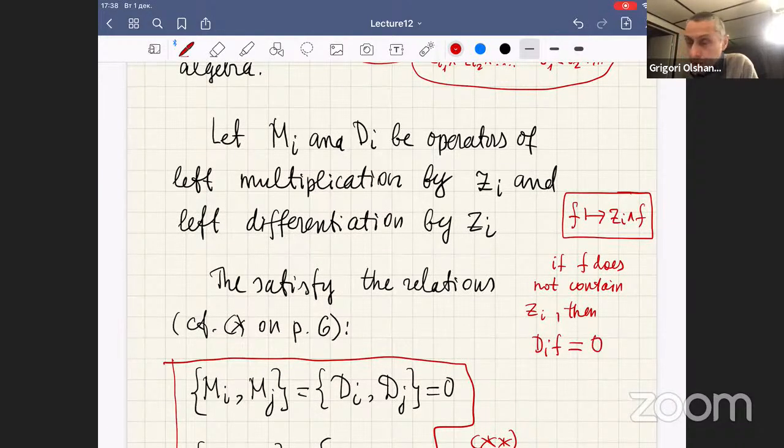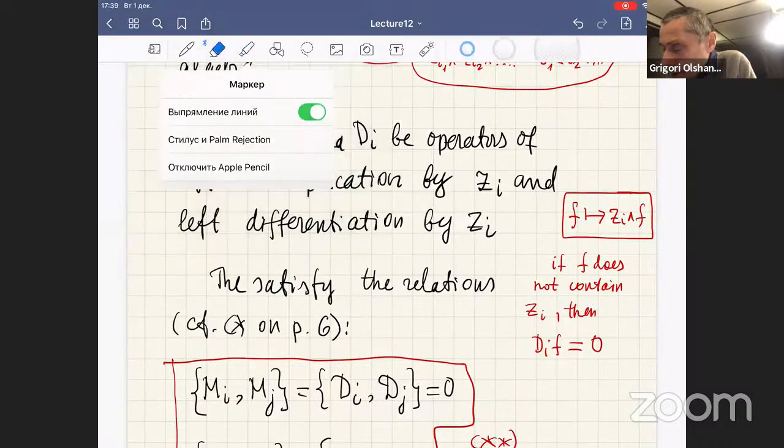And if it contains this letter, then we reorder our monomial in such a way that this letter appears in the front of our monomial, and then we just remove it. This is the result of application of this operator.